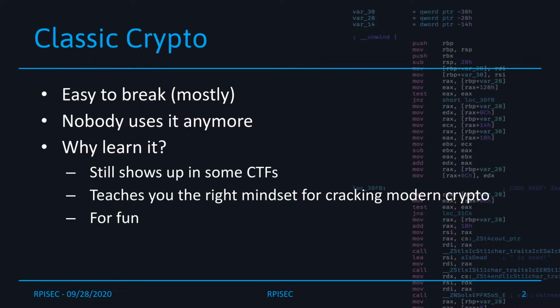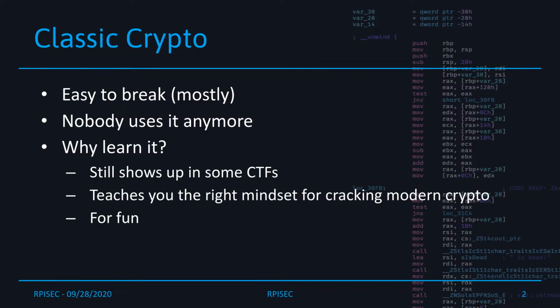But after World War II, after the Enigma machine was cracked by Alan Turing, the world collectively said, well, okay, so we're not going to use this style of cryptography anymore. Let's try and think up something better. And that gave rise to modern crypto systems like RSA and ECC and so on. But we're not going to be covering those today. We're going to be covering the older stuff.